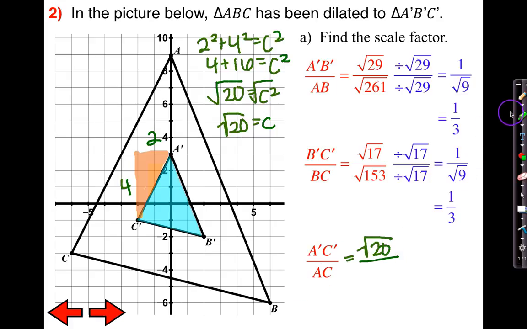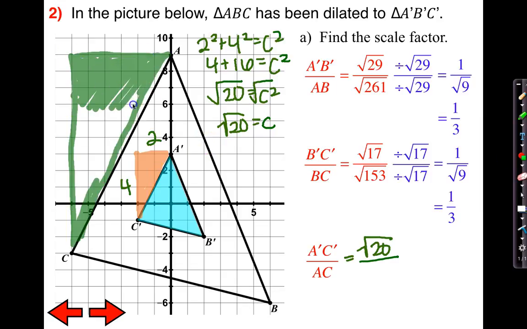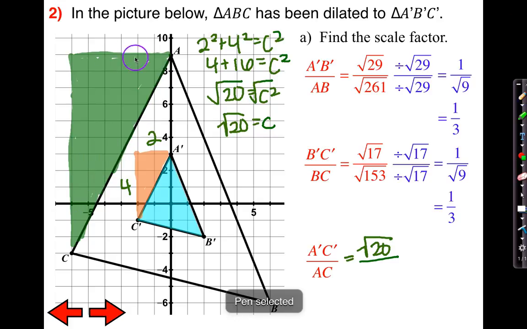And what about the length of A prime, AC? Well, let's go ahead and shade that in, and go ahead and count that. The length of this leg is 1, 2, 3, 4, 5, 6. And the length of this leg is 1, 2, 3, 4, 5, 6, 7, 8, 9, 10, 11, 12.